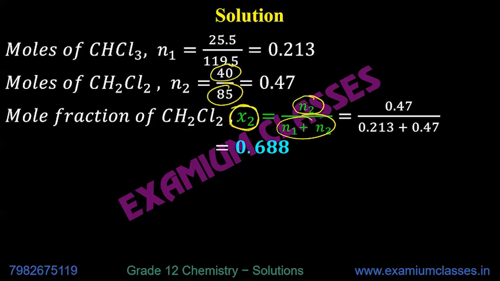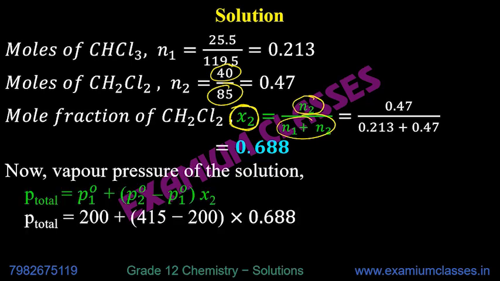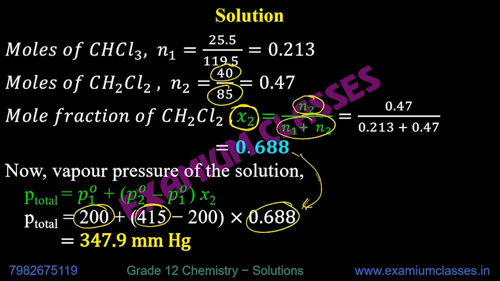So we got the mole fraction of the second component. P1 naught and P2 naught are already given. Substitute all values. P1 naught is 200 millimeters of Hg, P2 naught is 415 millimeters of Hg, and this is the x2 we have calculated. We get the value of P total as 347.9 millimeter of Hg.